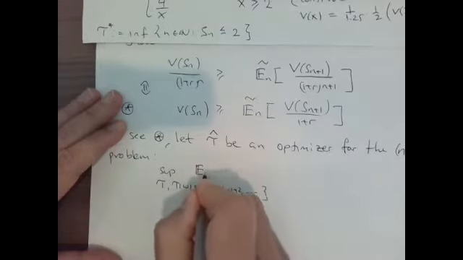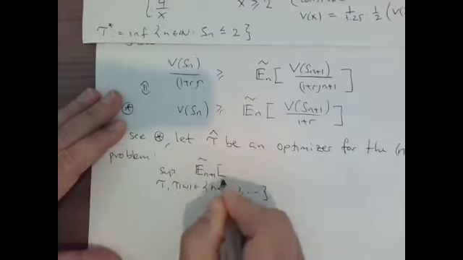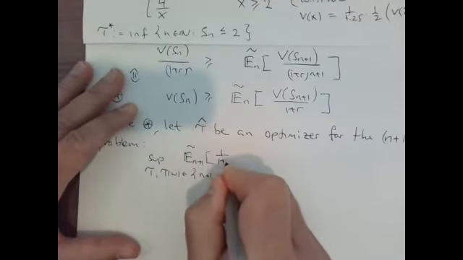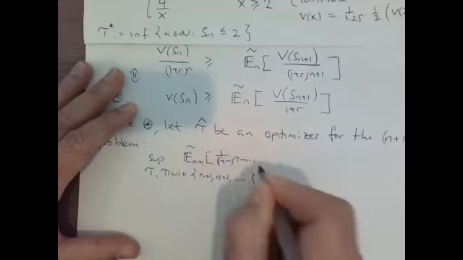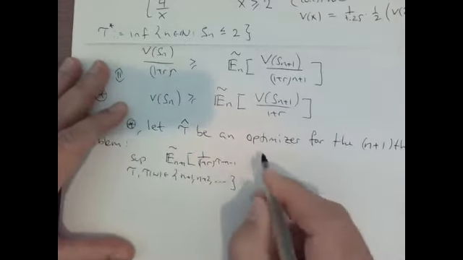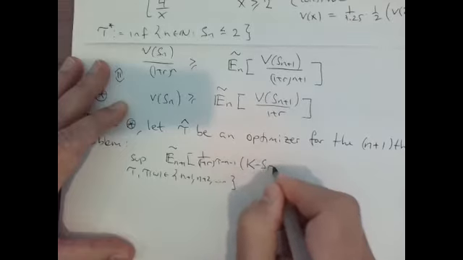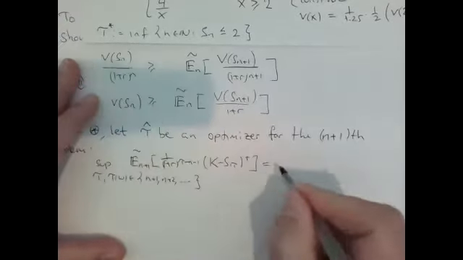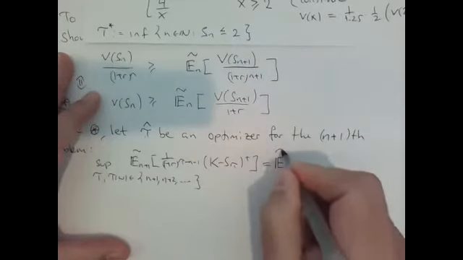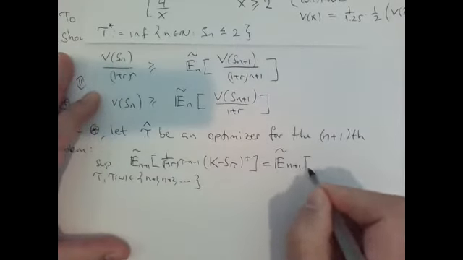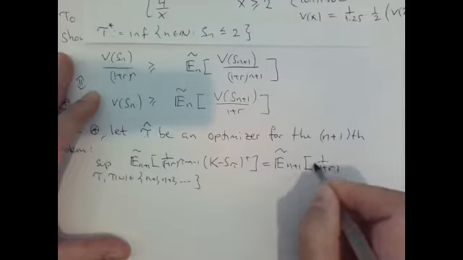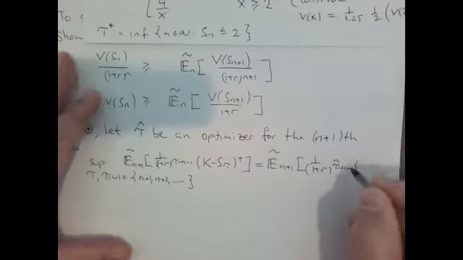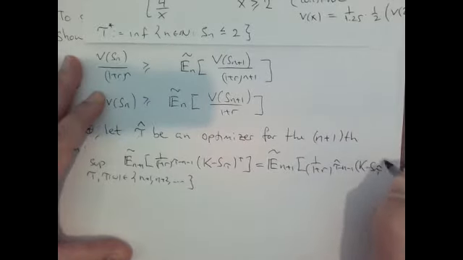I look at the conditional expectation at time n plus 1, 1 over 1 plus R to the tau minus n minus 1, and then the payoff K minus S tau, positive part. I'm letting this tau hat be an optimizer for this problem, so that means I can write this here as E tilde n plus 1, 1 over 1 plus R to the tau hat minus n minus 1, K minus S tau hat, positive part.